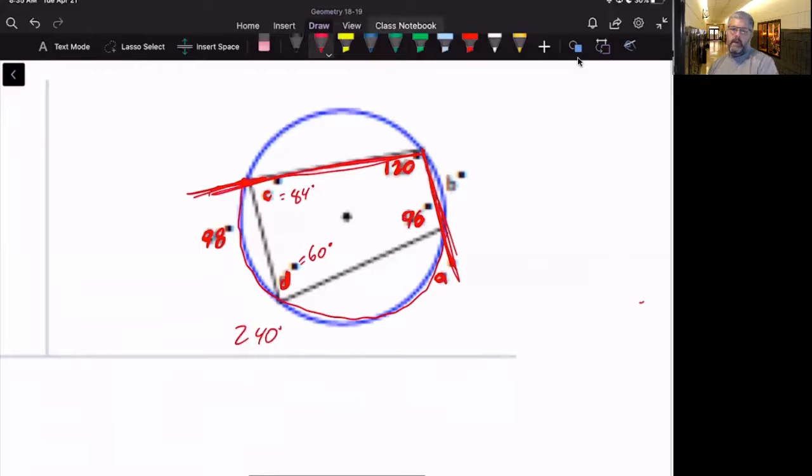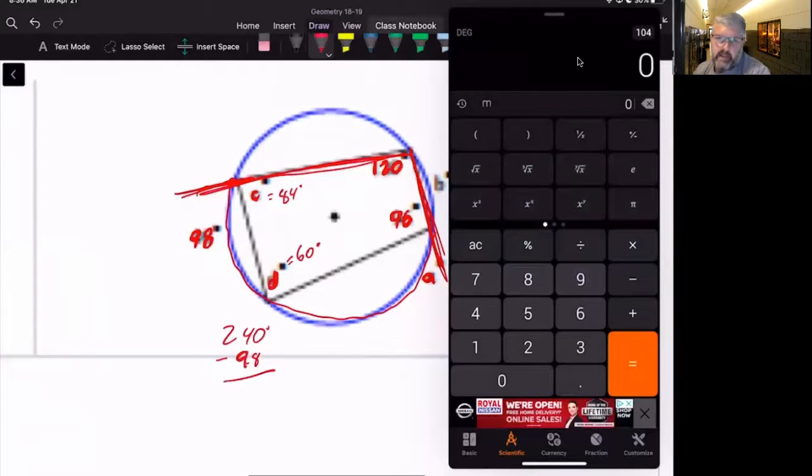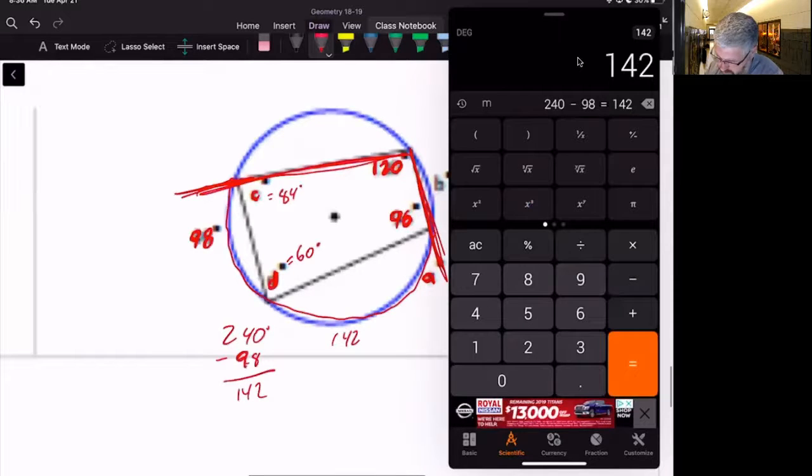Okay. Well, to find out what part of it is A, we would have to subtract 98 from that. Okay, so we're going to subtract 98 from 240. So 240 minus 98, so give me 142 for A.